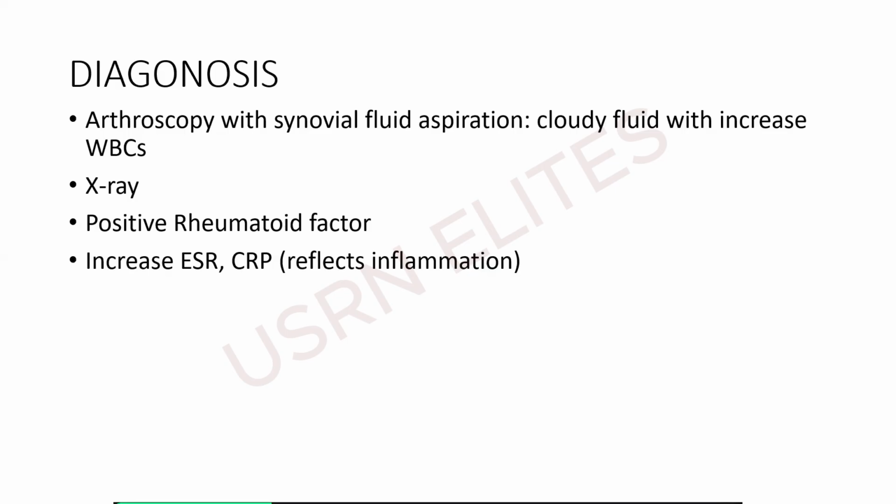Once they see the presence of rheumatoid factor, it's a positive indication that there is rheumatoid arthritis. Increased ESR and CRP as well, and these indicate inflammation. I hope you get it.